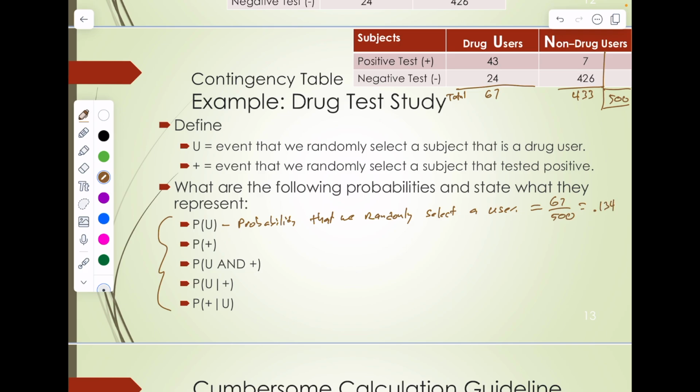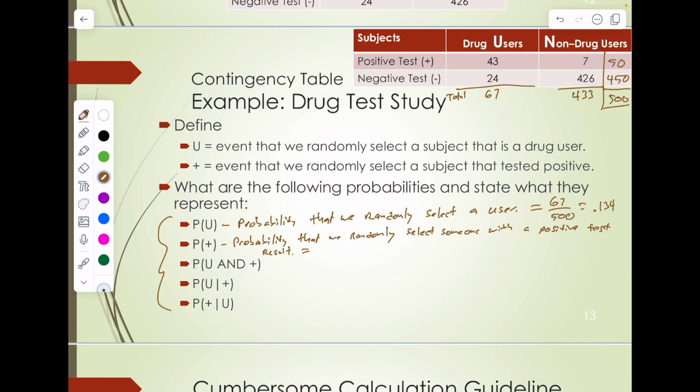Okay. P of plus sign, in this case, is going to mean we randomly select somebody with a positive test result. And that probability is going to be, let's see, positive test result. There's a total of 50 of those. And I'll bet this one here is 450. Yeah, 450.